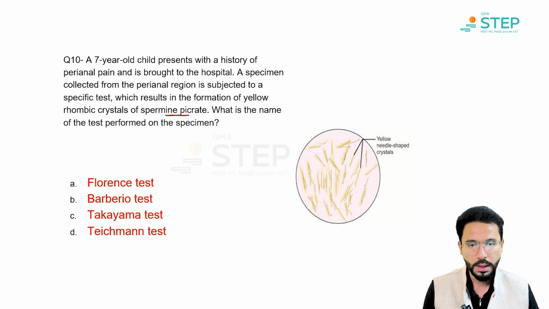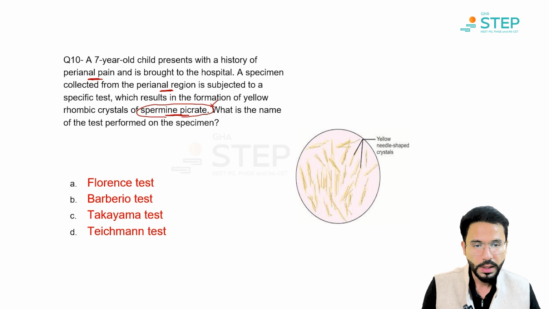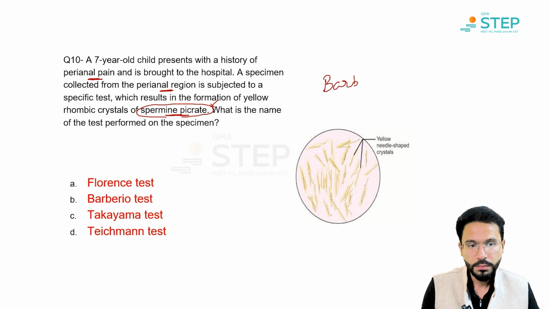So now remember, if a person is brought with perianal pain and the specimen is collected from the perianal region only, and you have this clue also, spermine picrate. Even if spermine picrate is not a part of the question, your correct answer should be that it is Barberio's test.